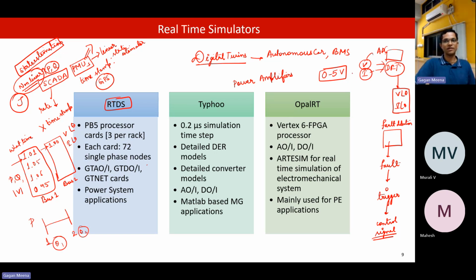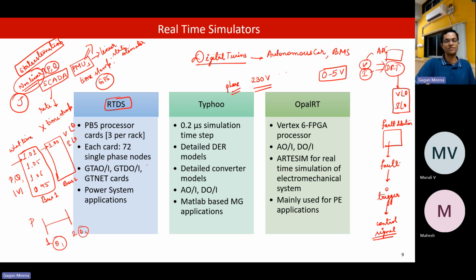Okay, so let us consider only the distribution system. For 230 volts, we have the line to neutral voltage, the phase voltage, which is this.